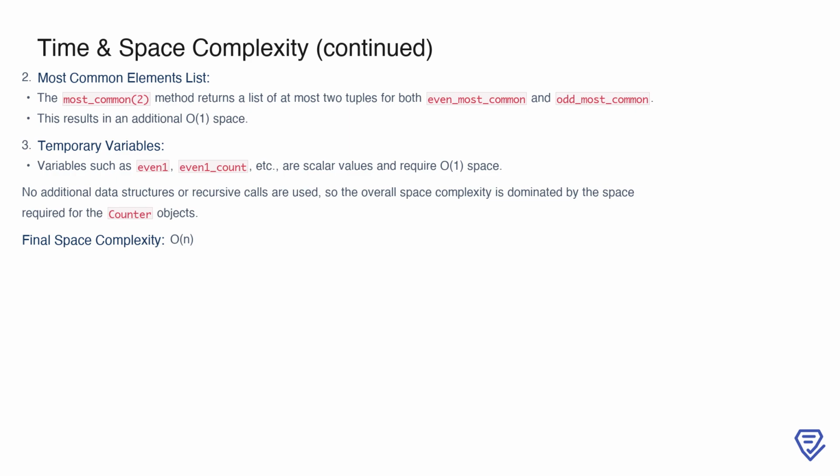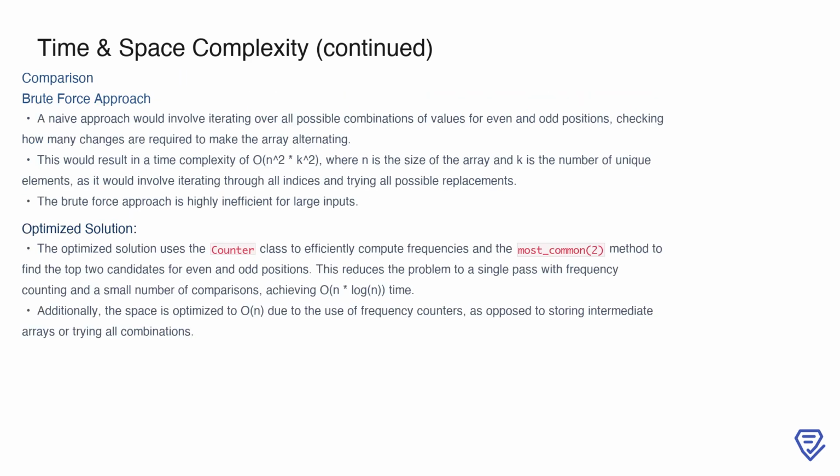Let's compare this optimized approach to a brute force solution. A naive method would involve iterating over all possible combinations of values for the even and odd positions, calculating the number of changes required to make the array alternating for each combination. This would require n squared times k squared time, where n is the size of the array and k is the number of unique elements, making it highly impractical for larger inputs.